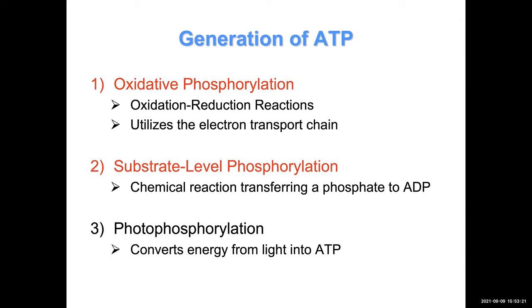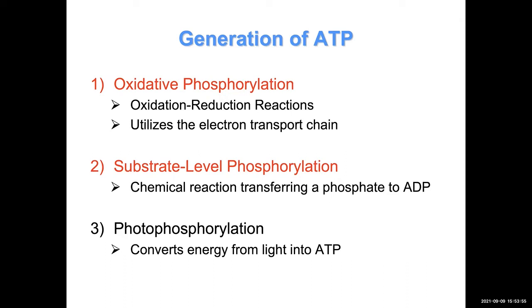The second method of generating ATP is substrate level phosphorylation, also known as SLP. In this generation of ATP, a high energy phosphate is directly transferred to ADP to generate ATP.